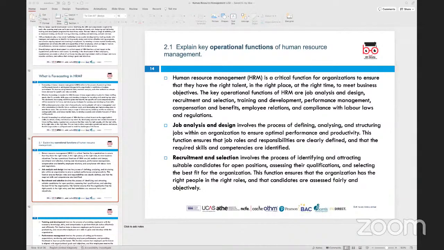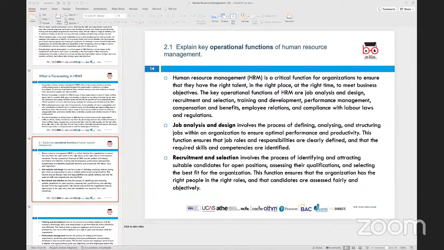One of the key operational functions of HR is recruitment and selection. Before we even start recruitment and selection, we look at understanding what the job will be. For example, if the organization has a need today to hire a quality manager and this vacancy has not been present before, the HR department would need to create a job description and do a job analysis to understand the remit of this particular role.